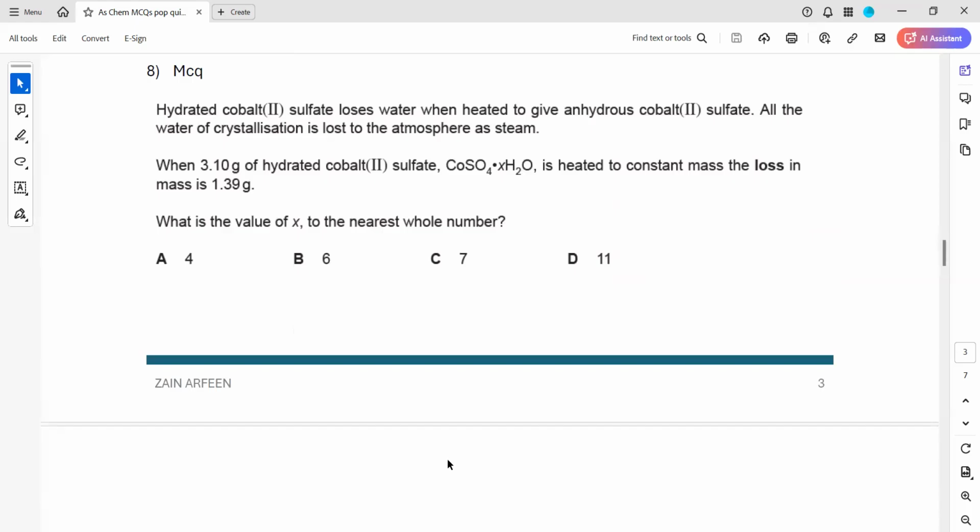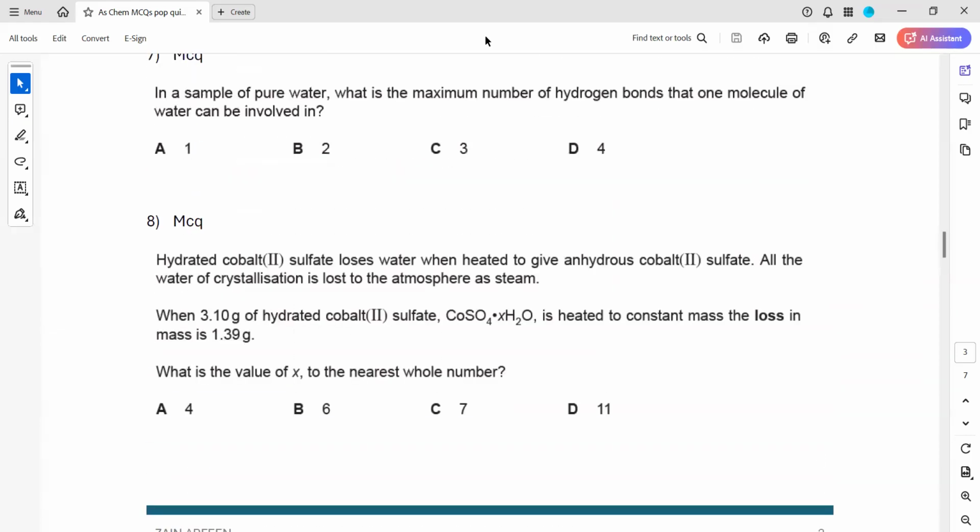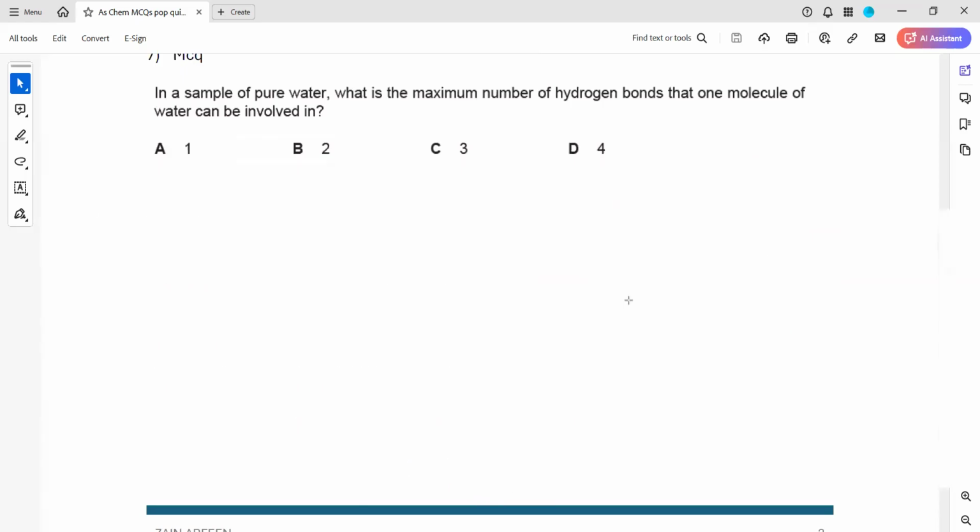Don't the two hydrogens attached to H2O count as two extra lone pairs? Look, if I draw the structure of this, this is one water molecule, this is a lone pair, and this is a bond pair.